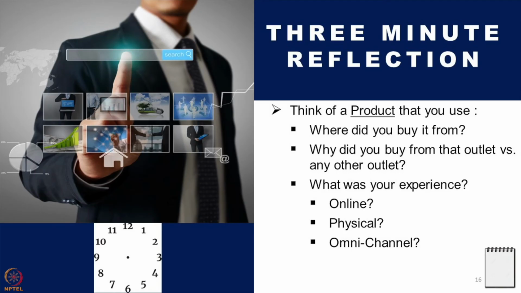So now I encourage you to think about a product that you use. It could be a toothpaste. It could be a Dabur toothpaste, or a hair oil, Marico hair oil. Or it could be a PC, or your scooter or bicycle, or a pencil, Natraj pencil, Camlin pen, whatever it is. Where did you buy it from?